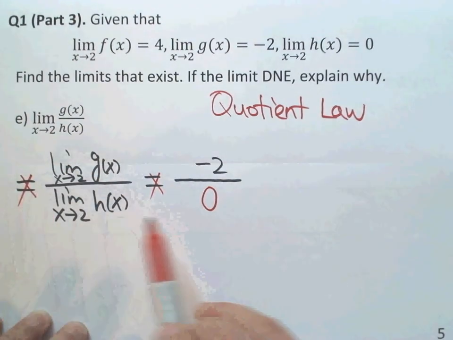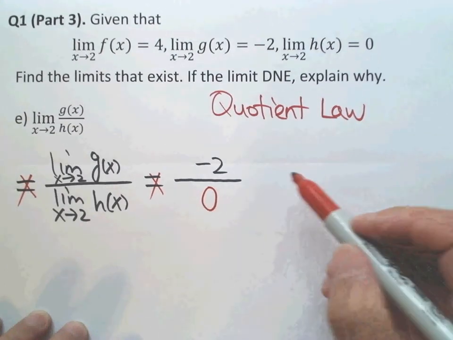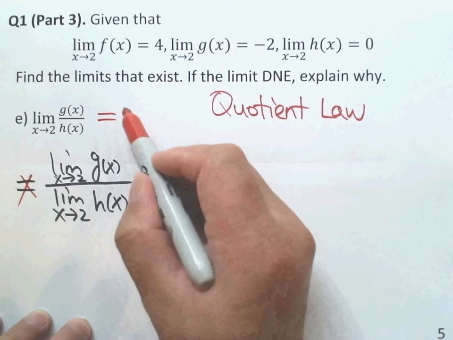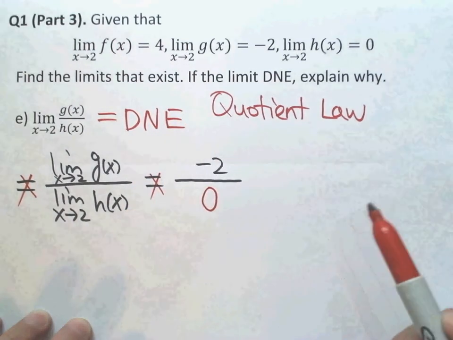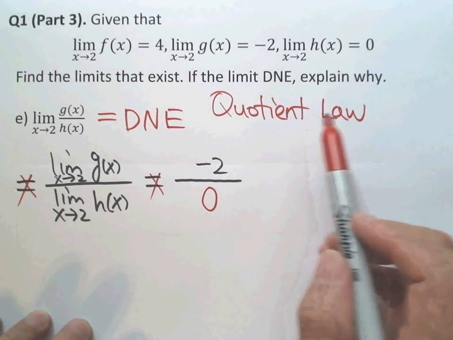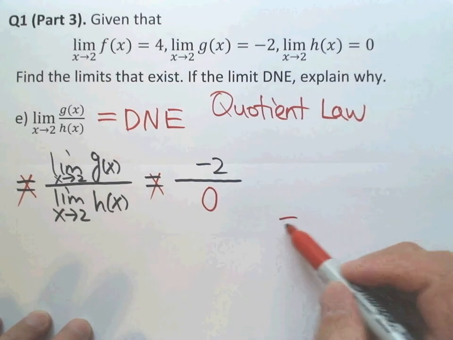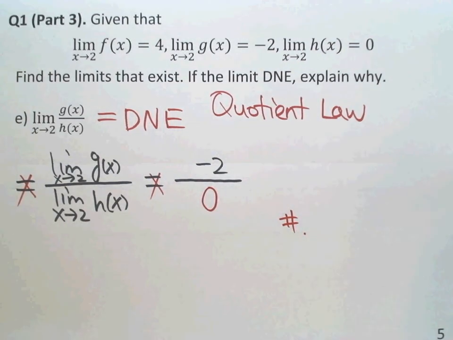If we use the quotient law, we get 0 in the denominator. So we say this does not exist. This is the last one, and it does not exist.